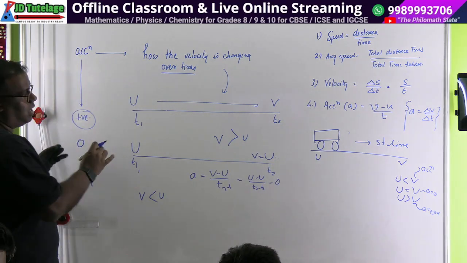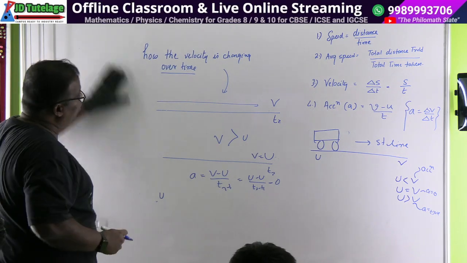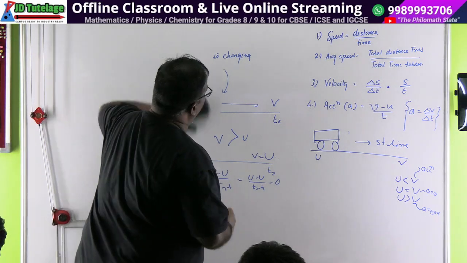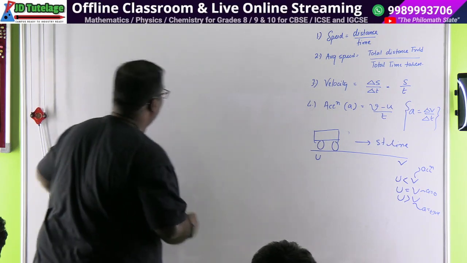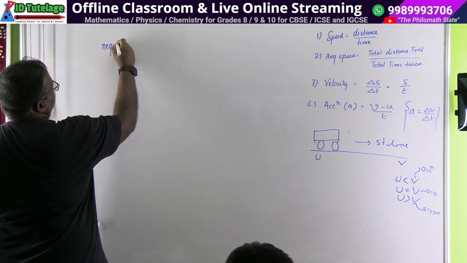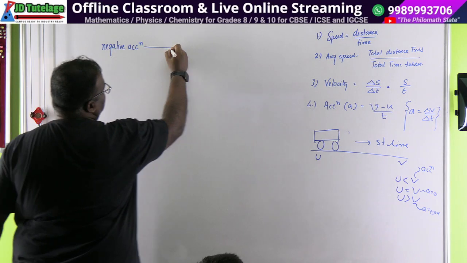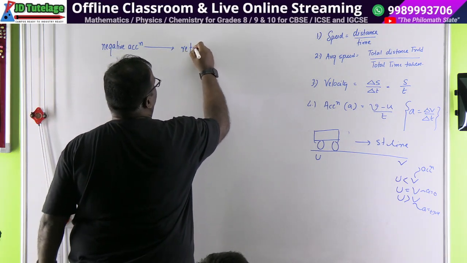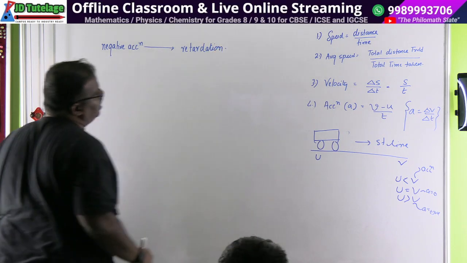Have you understood? Negative accelerations. So, can I rub this portion? Okay. Don't worry, you will encounter these things many, many times when you solve problems. Need not worry at all. These are new concepts for you. So, negative acceleration, there is an English word for it called retardation. Treat this only as an English word, okay?